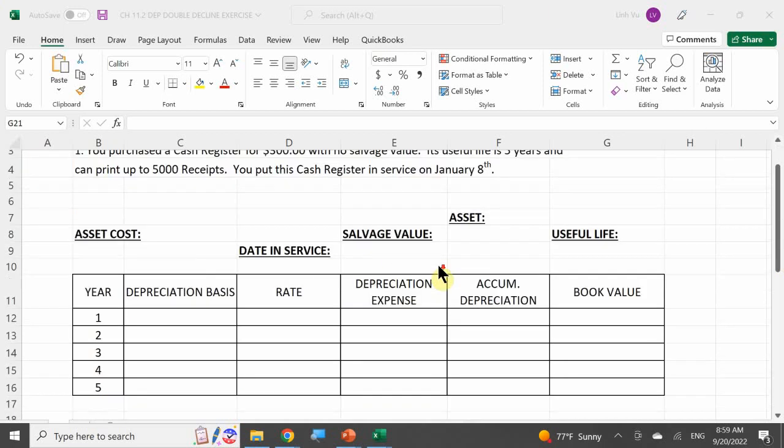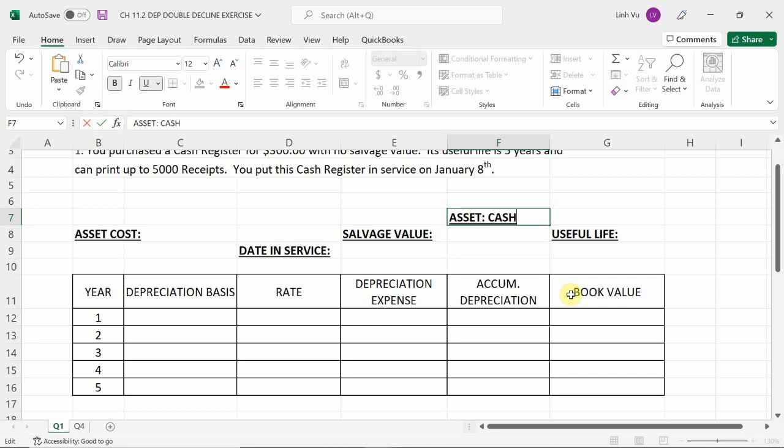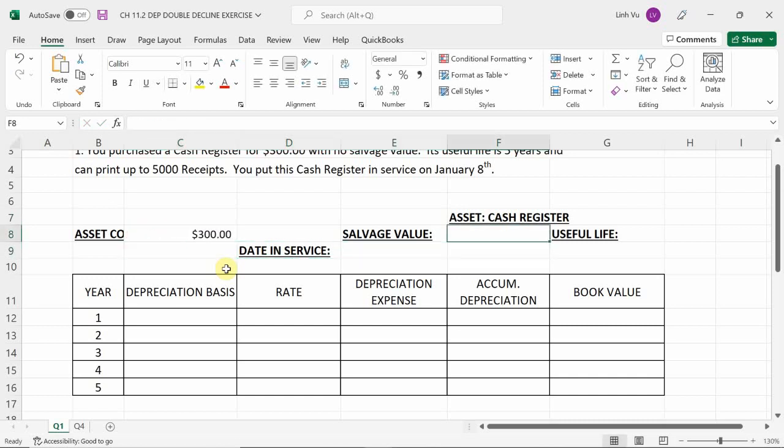Number 1, what did I buy? A cash register. How much did it cost me? $300. What was my salvage value? Nothing. You don't have a salvage value.